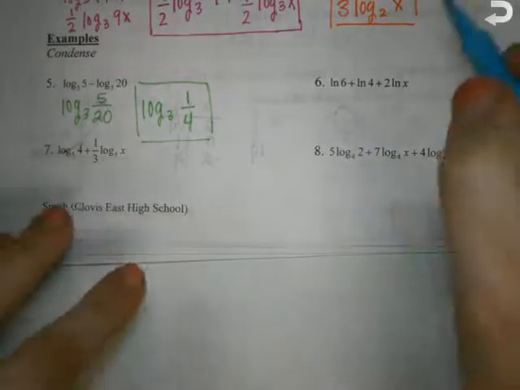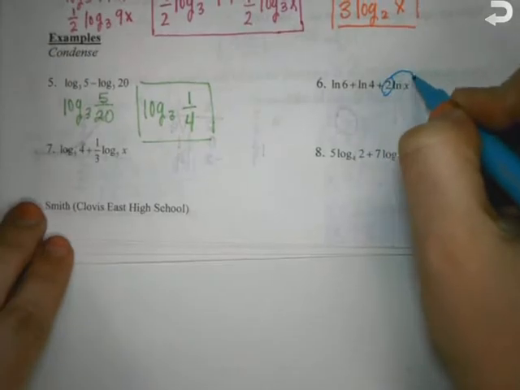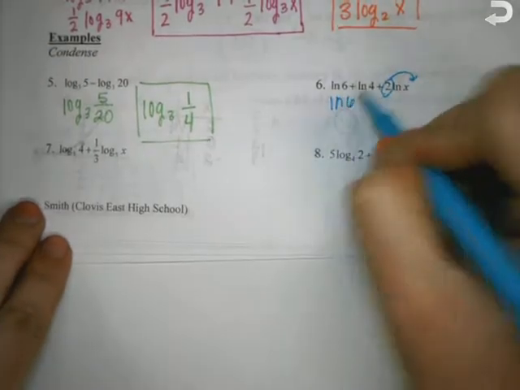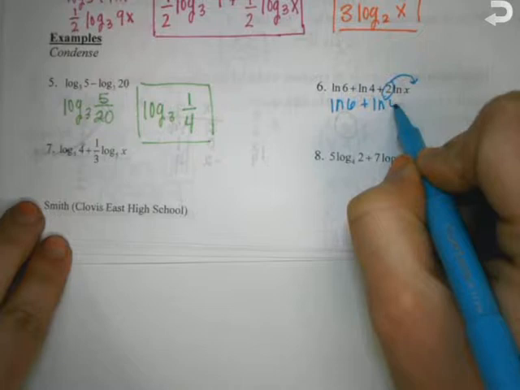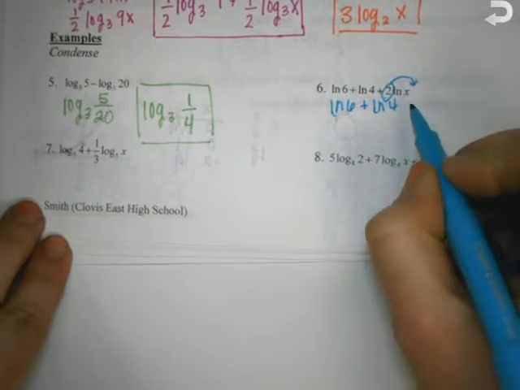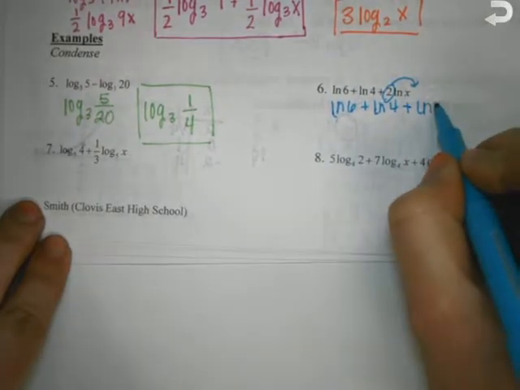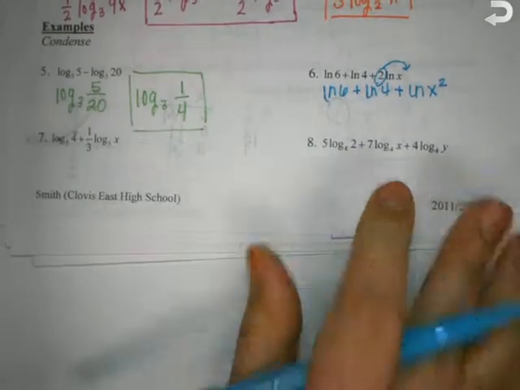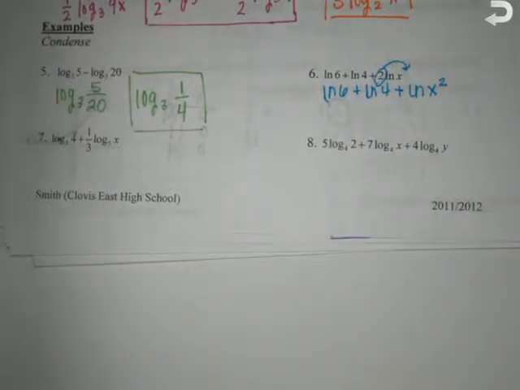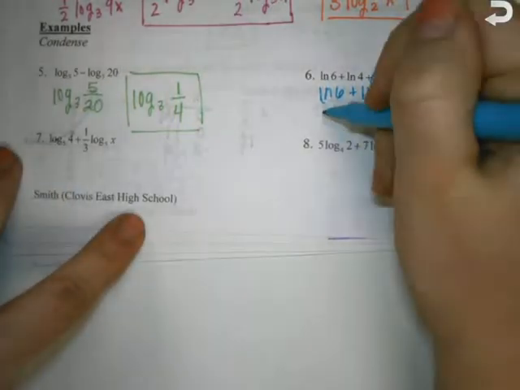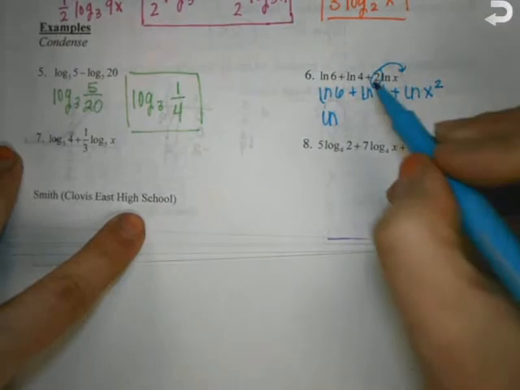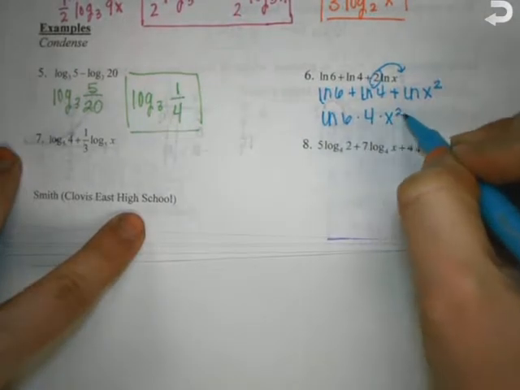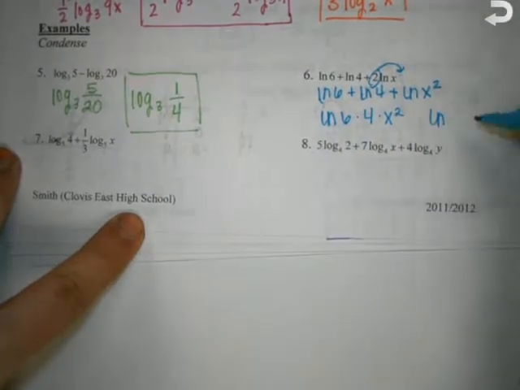So this is going to be natural log of 6 plus natural log of 4 plus natural log of x to the 2nd power. Okay, so all of these things are being added together. So what do I need to do when I'm putting it all back together? Multiply. That's the product rule. So that's going to be natural log of 6 times 4 times x squared, which is natural log of 24 x squared.